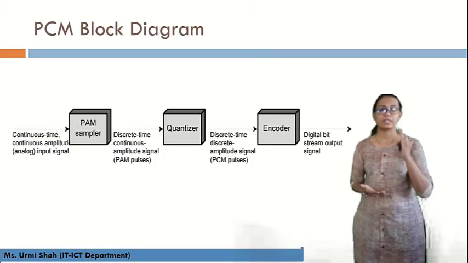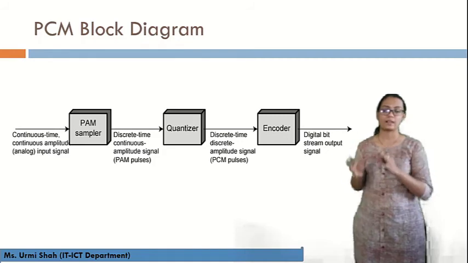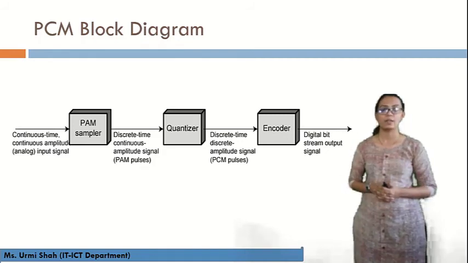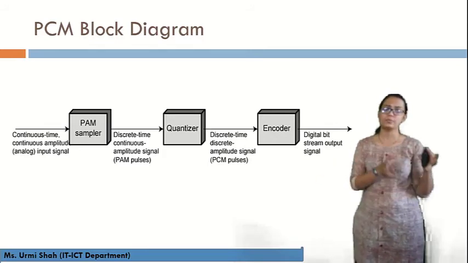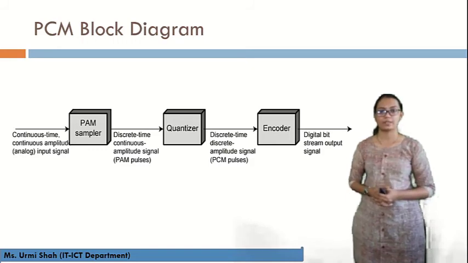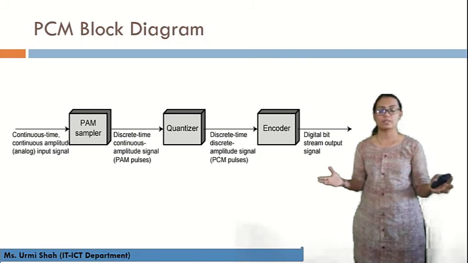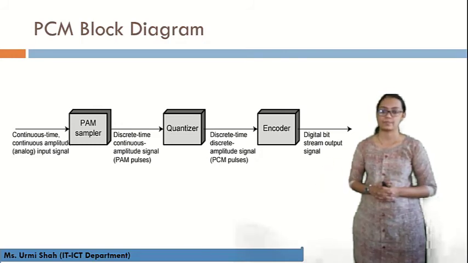The sampler circuitry will create the discrete samples and the output will be a discrete time, continuous amplitude signal, which we call PAM pulses. That will be further processed by the quantizer block. The quantizer block is going to generate the quantized output, a discrete time, discrete amplitude signal, which we call pulse code modulation pulses.